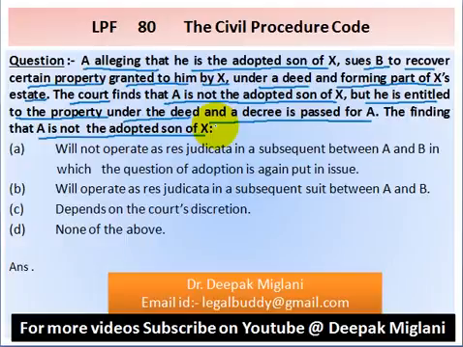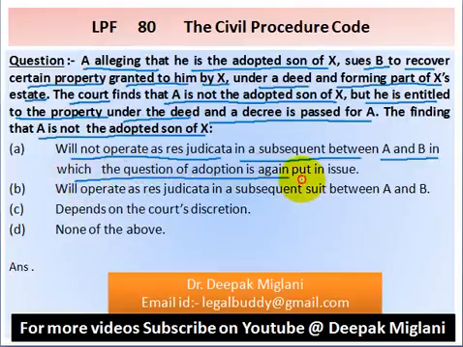Option A. The finding that A is not adopted son of X will not operate as res judicata in the subsequent suit between A and B, in which the question of adoption is again put in issue. Option A is correct.